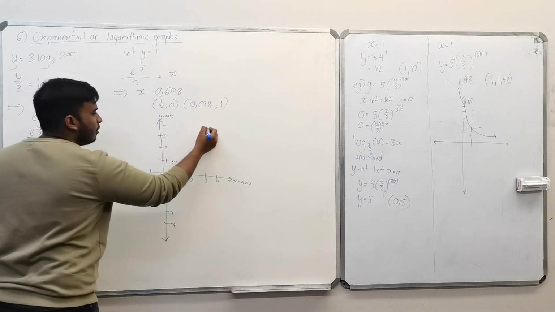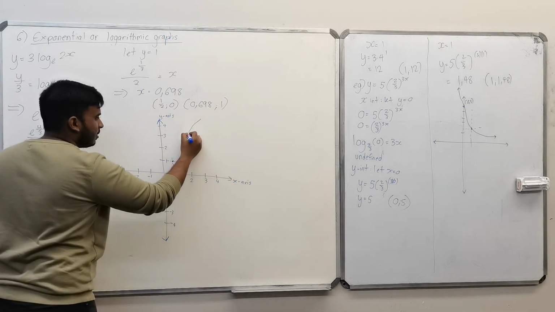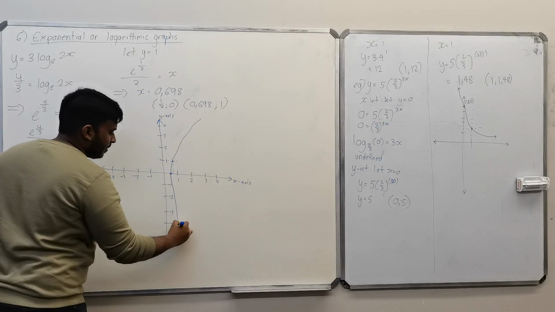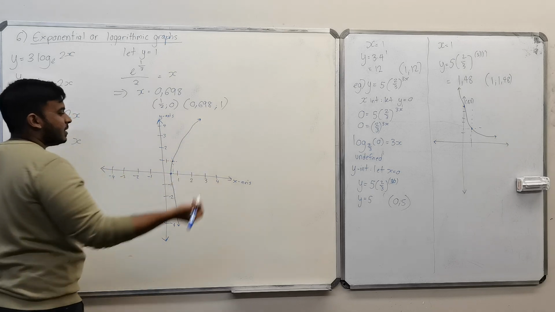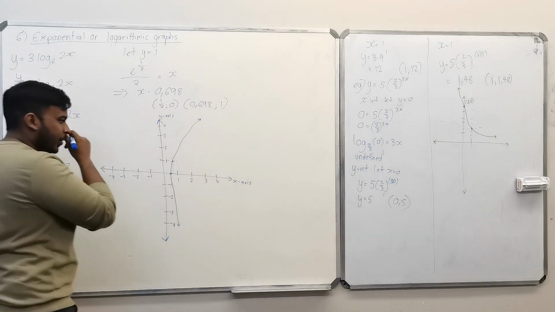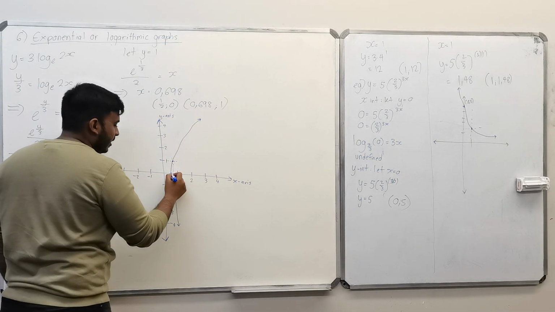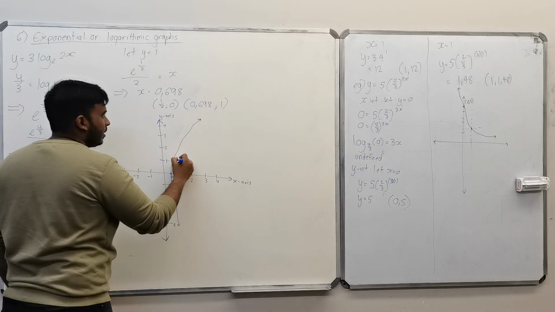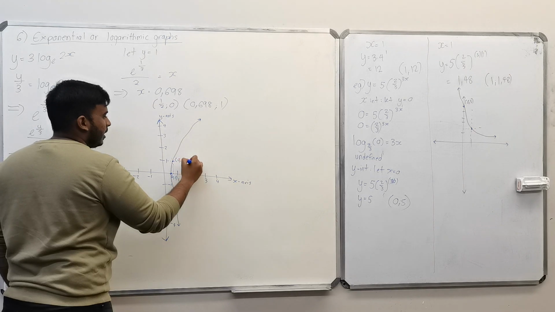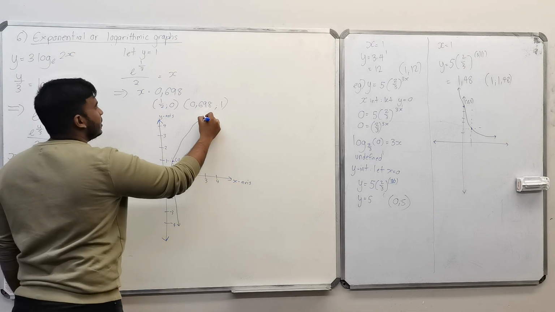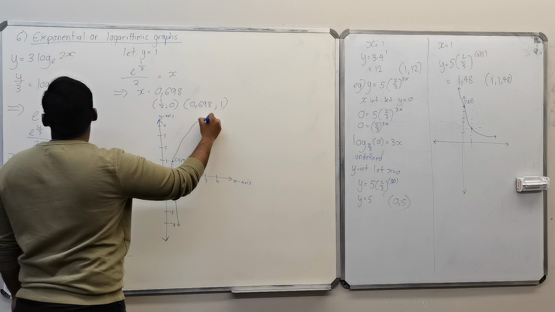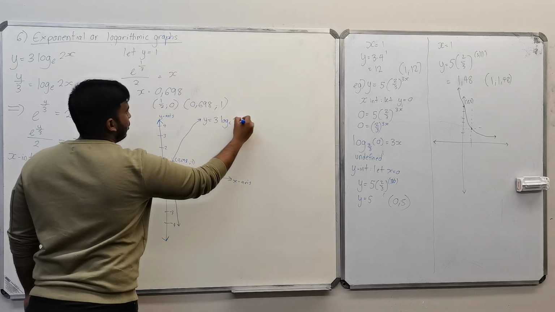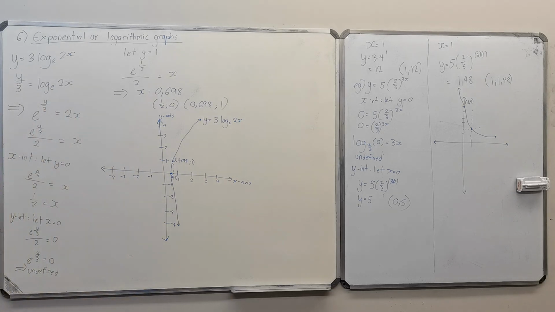So your graph would look something like that. You can indicate the point here of 0.5 and 0, and this here would be 0.698 and 1, and then you say here y is equal to 3 log e 2x. That would be your answer.